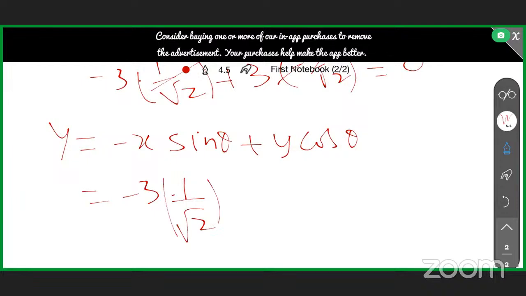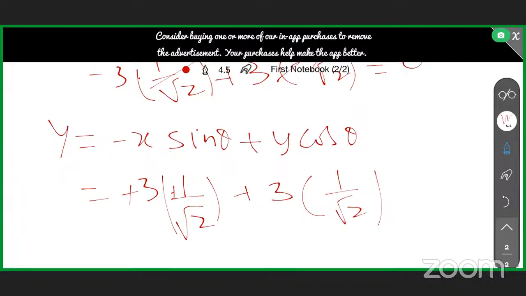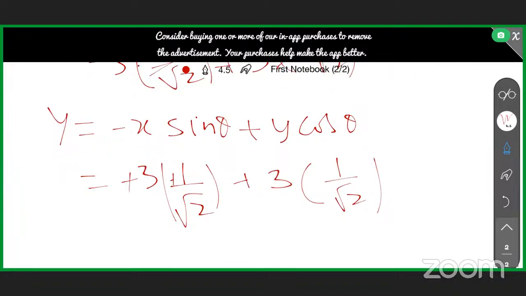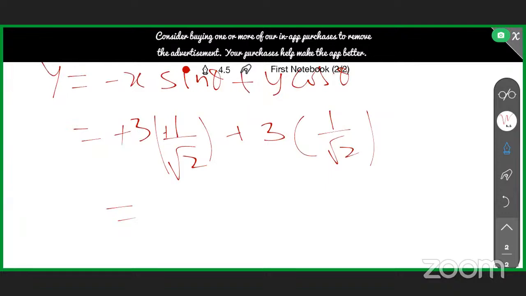Dear students, so this minus and this minus will get cancelled. So 6 by root 2 can be simplified into 3 root 2.